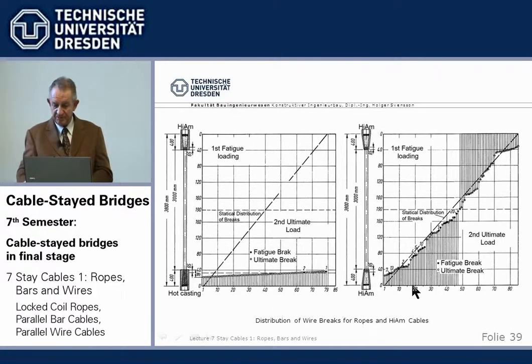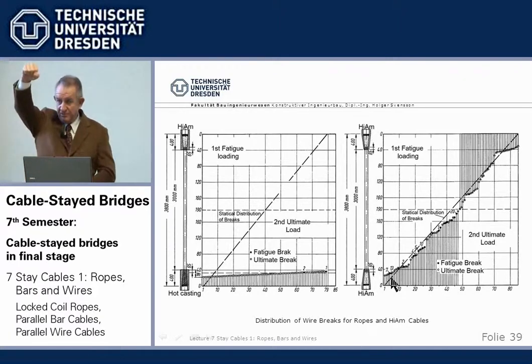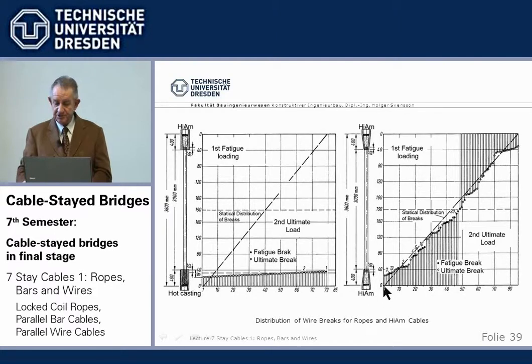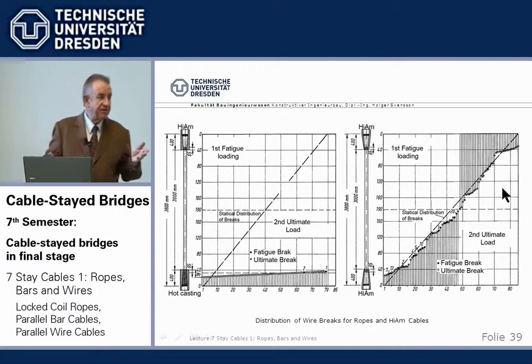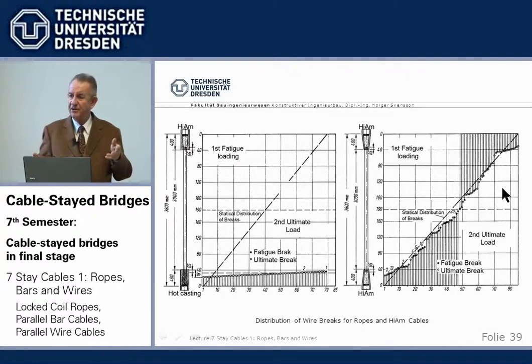Whereas if we have the high-M anchors and we pull them after the fatigue, the distribution of the wire breaks is statistical over the length, over the free length of the cables, which means the fatigue strength is not diminished at the anchor heads, but the strength here is the same as over the free length. That was the idea behind the parallel wire cable development, to have the same fatigue strength in the free length than in the anchor head.